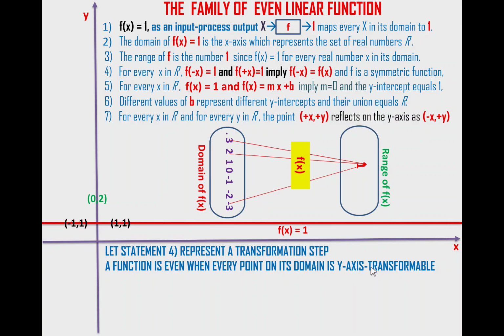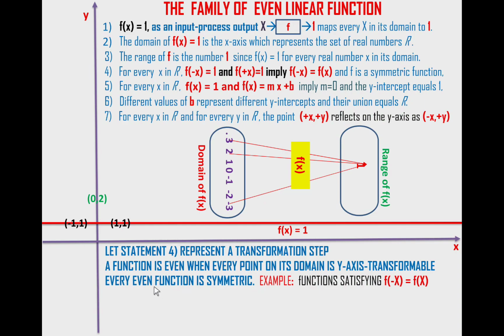Now let's go ahead and list the third point. Every even function is symmetric. Mind you, the first one we said a function is even when every point on its domain is y-axis transformable.